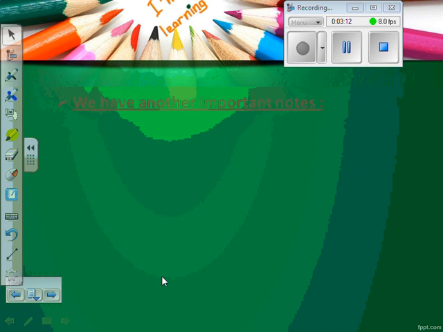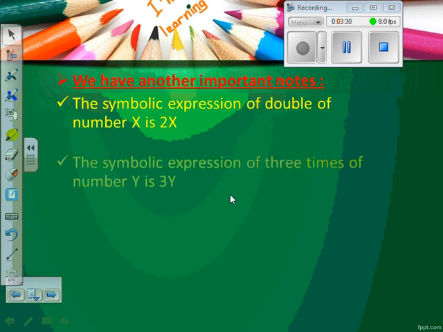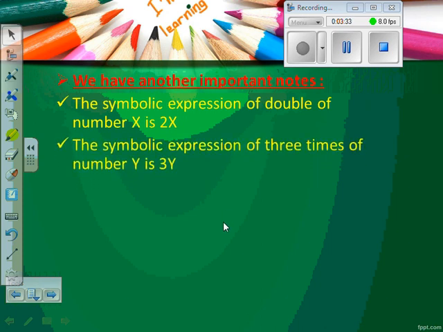Also, we have other important notes. The symbolic expression of the double of number x is 2x. Double means twice. The symbolic expression of 3 times the number y is 3y.